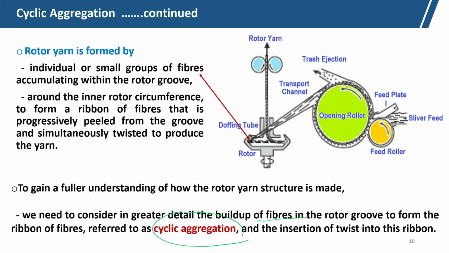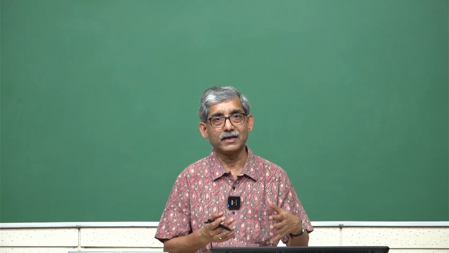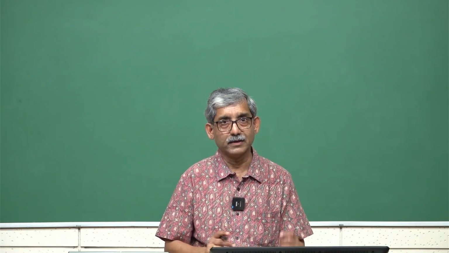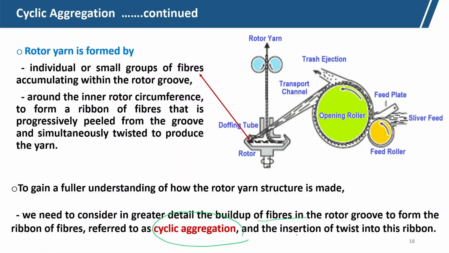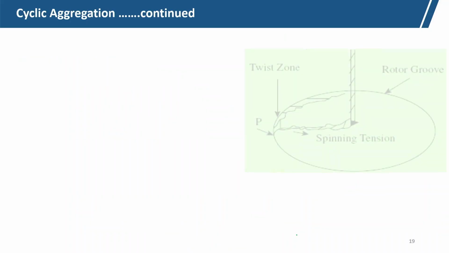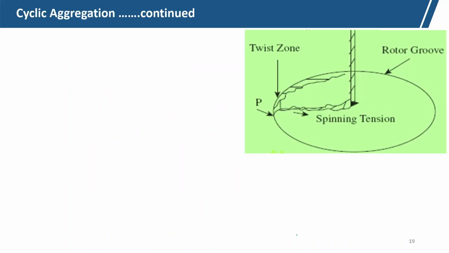So, gradually, cyclically, the building up of the fibers inside the rotor groove is called cyclic aggregation, and after cyclic aggregation we have to insert the twist in this ribbon. So, the result of cyclic aggregation is the ribbon formation. Let us take an example here. This is the schematic diagram where P is the peel off point.